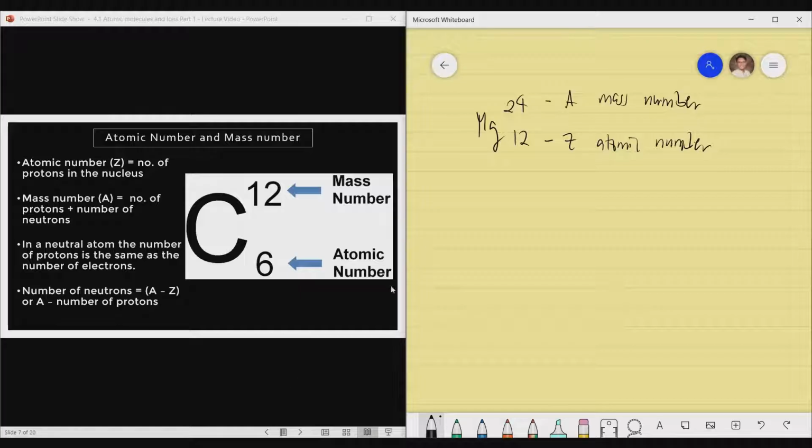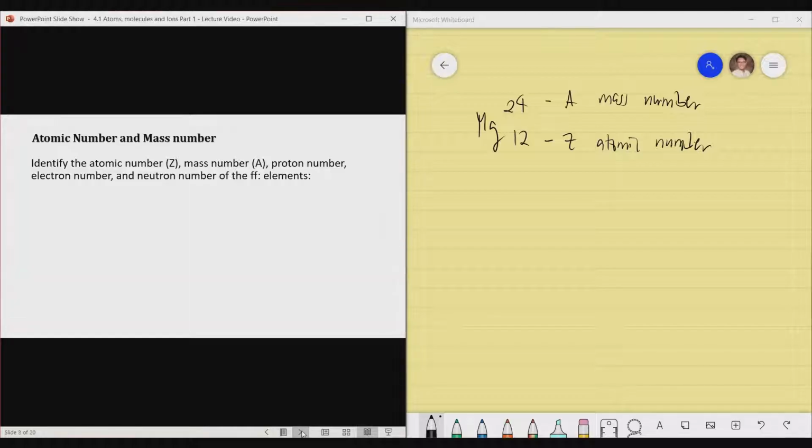So, para hindi nakakalito, A to Z. A, taas, then pababa, Z. Okay? So, yan. So, unahin daw natin alamin ang atomic number. So, atomic number, napakadali. That is 12. Okay? How about letter A? Your mass number. 24. Mass number.